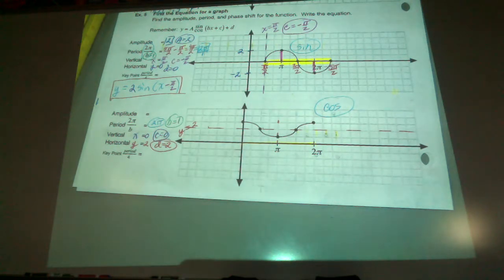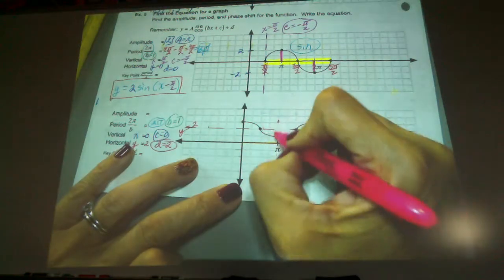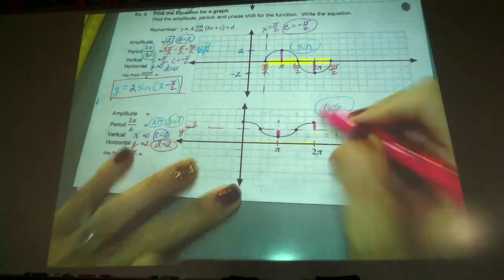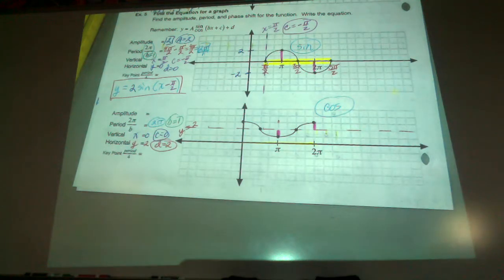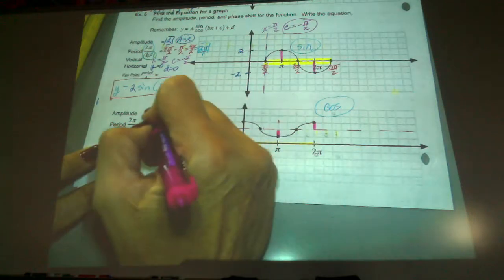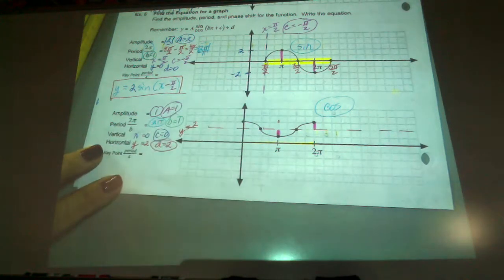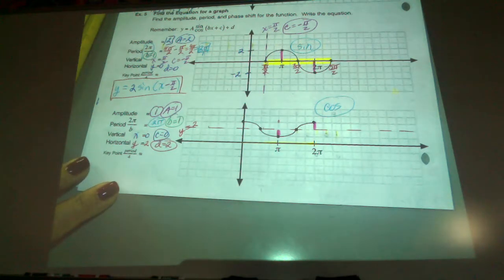All that's left is my amplitude. Now that I have my new 0 line, isn't this the distance my graph is above and below the 0 line? How far is that? 1. So then my amplitude is equal to 1, and that means that A is equal to 1. So now I'm ready to write my equation.